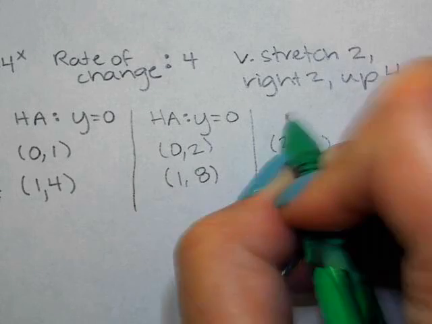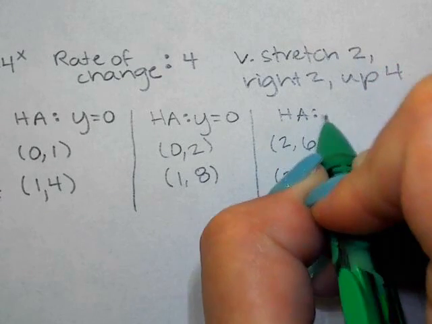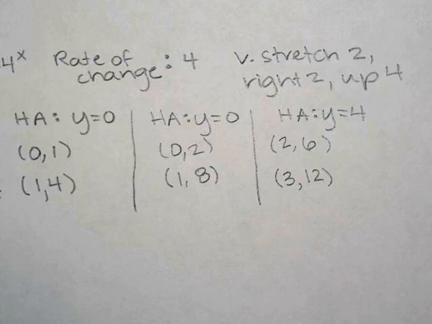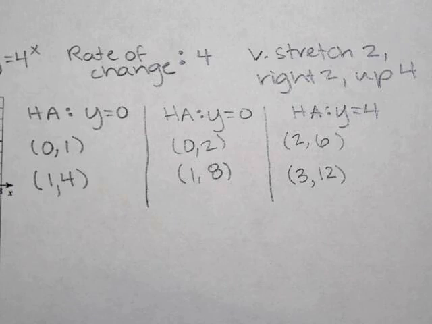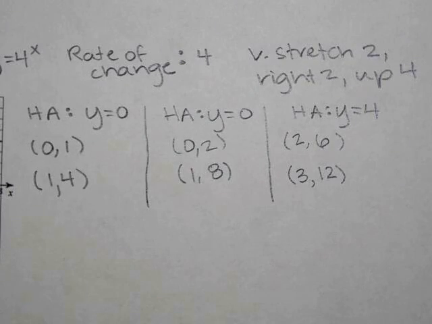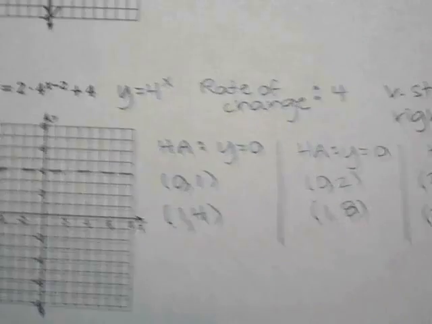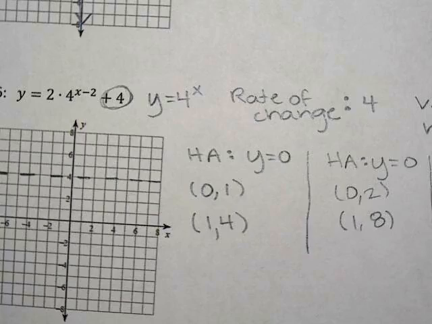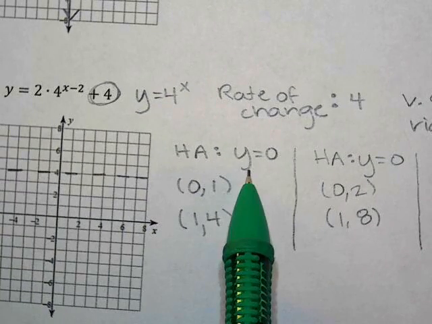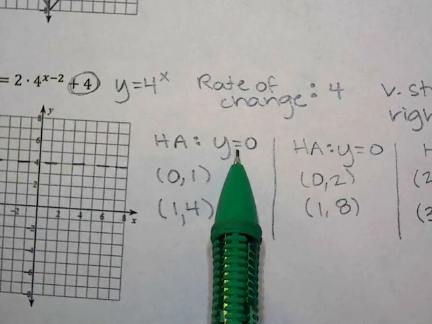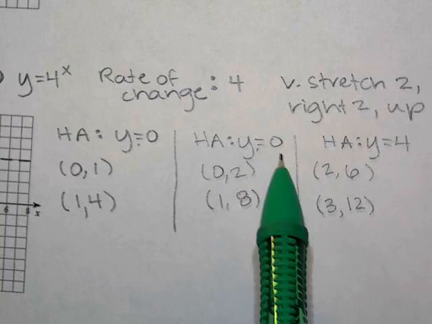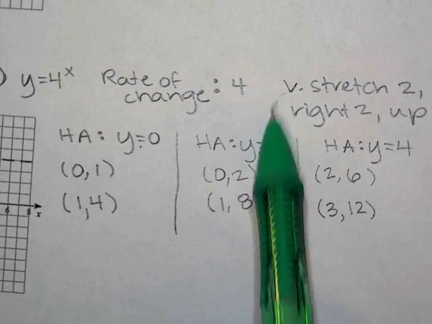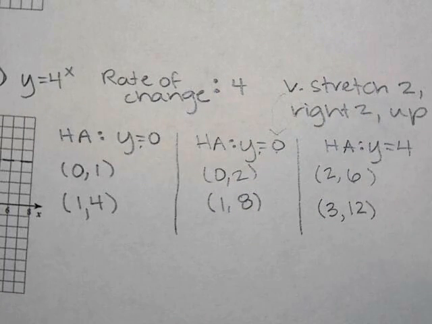The number on the end. Plus 4. The 0 is the default in the beginning. When you take your y coordinates and multiply them by 2, nothing happens. But then when you take your y coordinates and you add 4 to them, that's when you finally see a change.